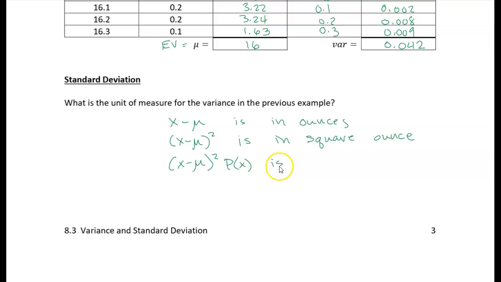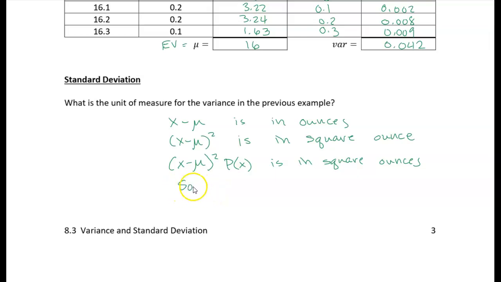So this is also in square ounces. When we sum all these probabilities times the square of the deviations from the mean, it gives us a number that is in square ounces.